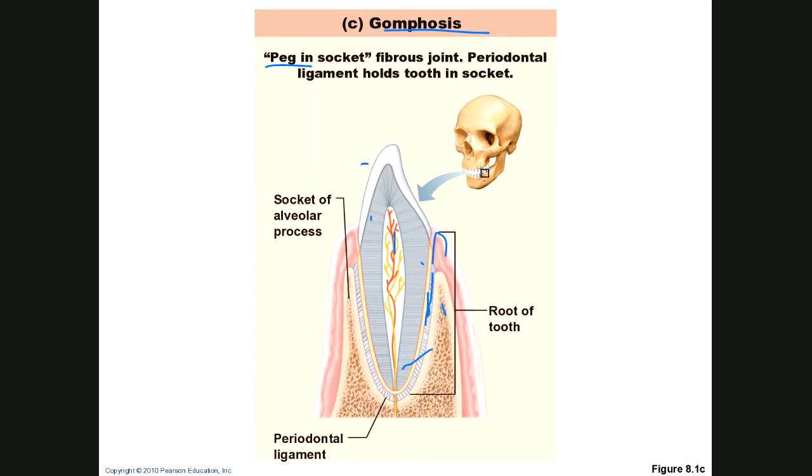forever, hopefully. But if you get plaque and germs on your teeth and you don't take care of them, then plaque and bacteria can invade under the gum line, and you get infection of the periodontal ligament, and you can start getting erosion of bone, and your tooth will fall out.